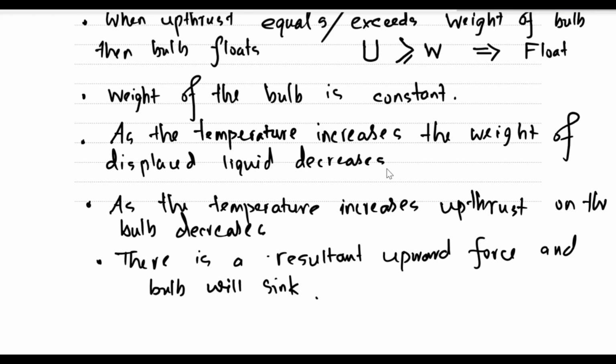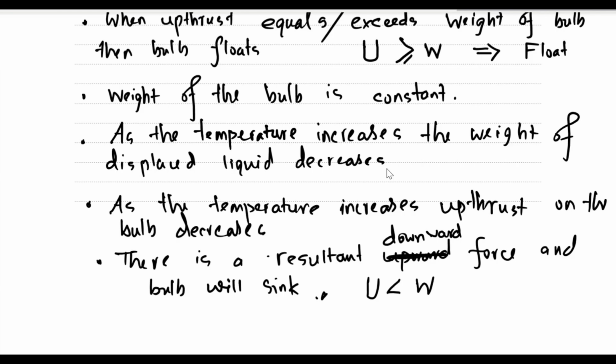As the temperature increases, upthrust force on the bulb decreases. So resultant force becomes downwards, and the bulb will sink because now upthrust force is less than the weight.